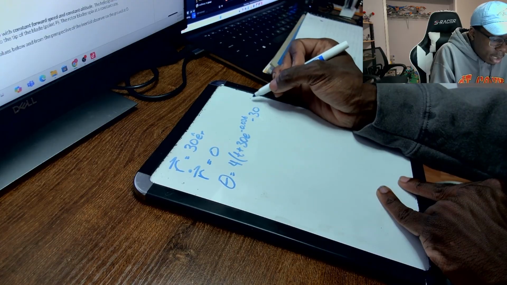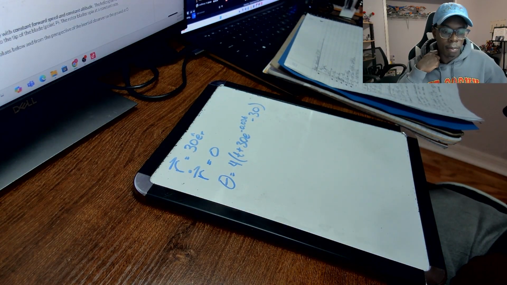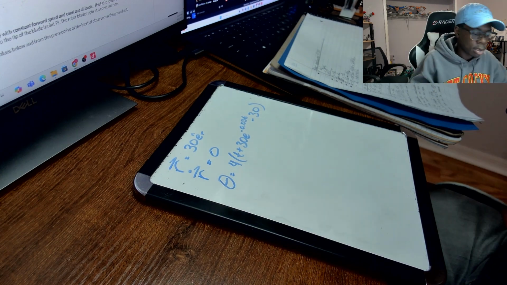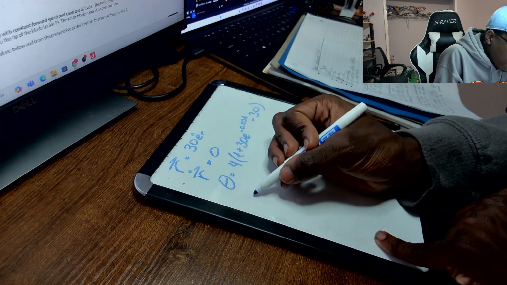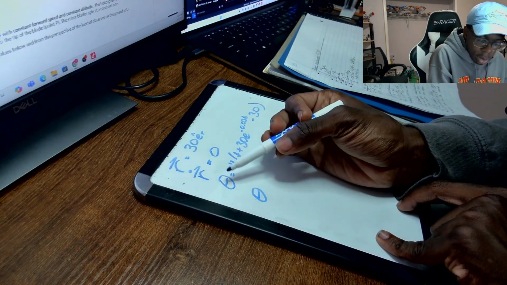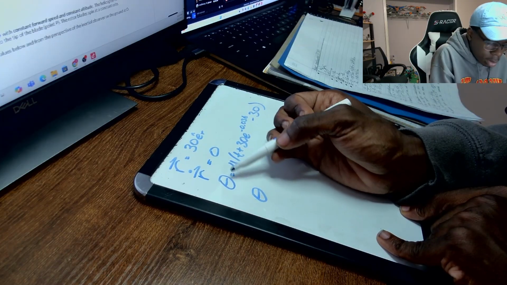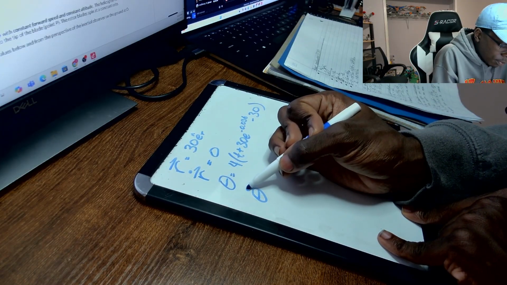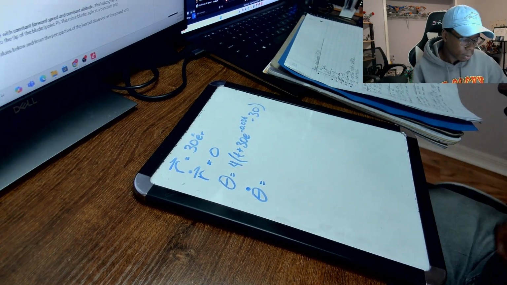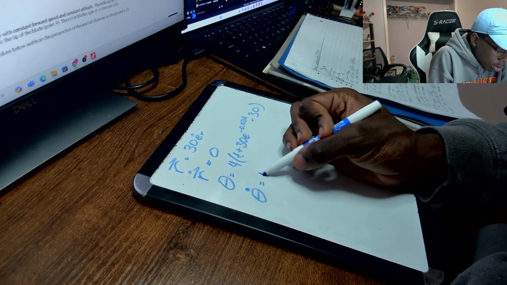This was just given to me in my problem, by the way. I didn't figure this out. It just gave me this. So now I can get the derivative of this as well. I'm pretty sure this theta is also a vector. Or not in this case, actually. So the derivative of 4t is going to be 4.